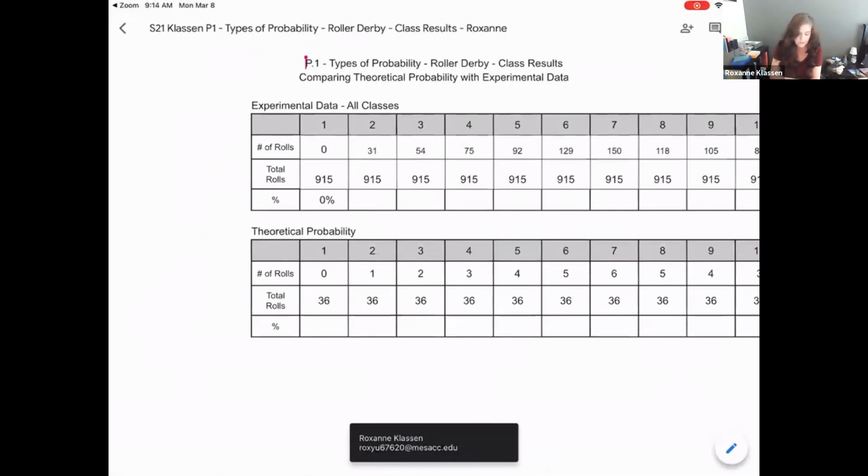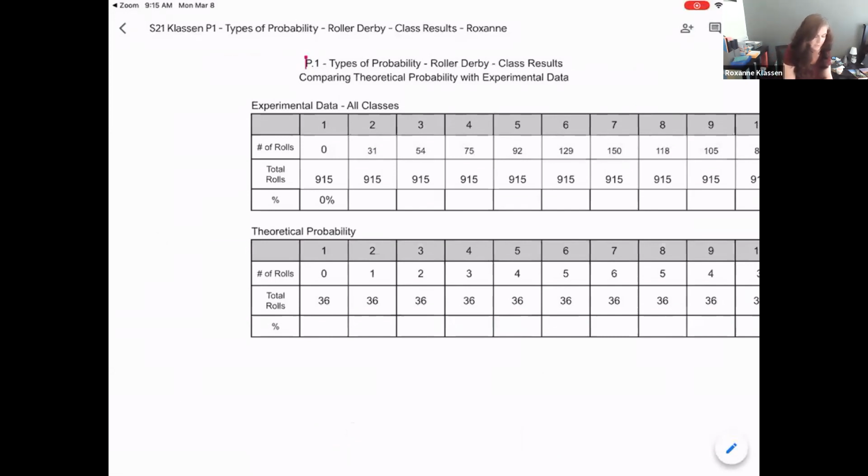We're in this first table. We rolled 31 2s. Do you see that? On that paper, 31 2s out of 915. So if we take 31 and divide it by 915, and then we make that a percentage rounded to the nearest tenth, what would that percent be? What would you write in that box?